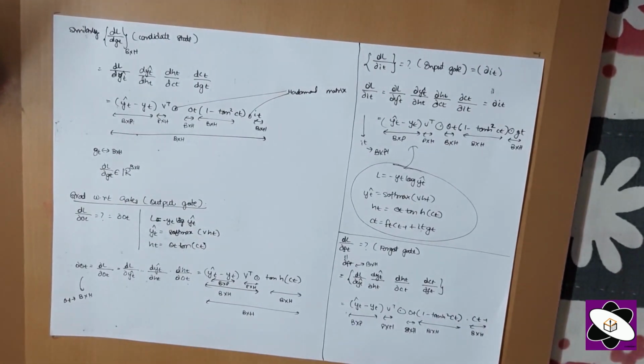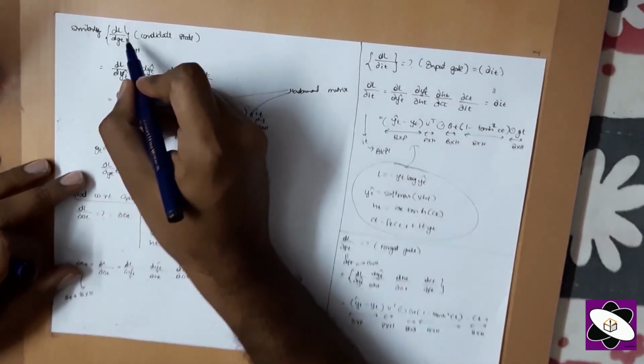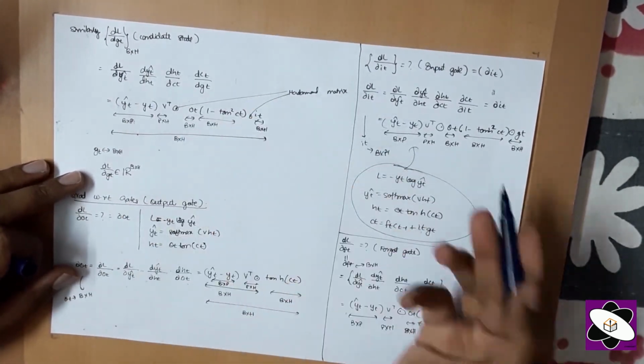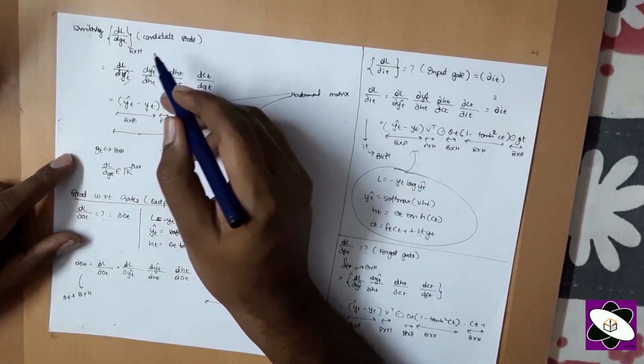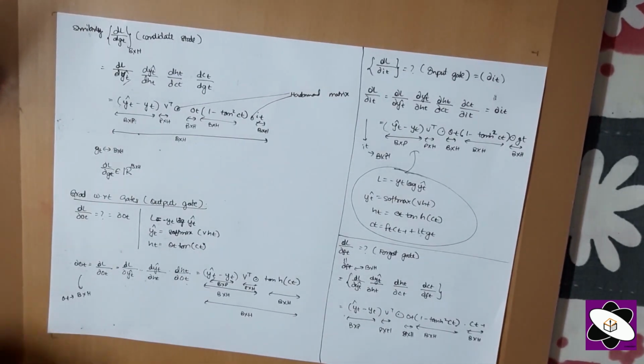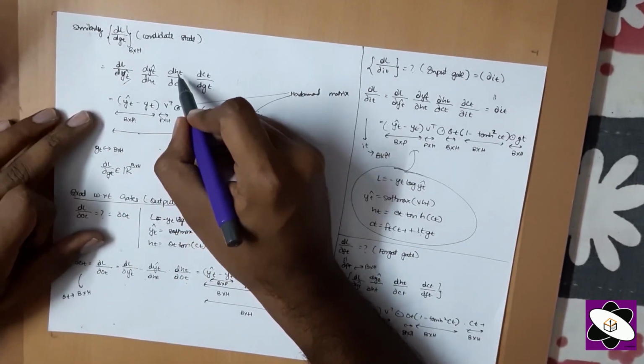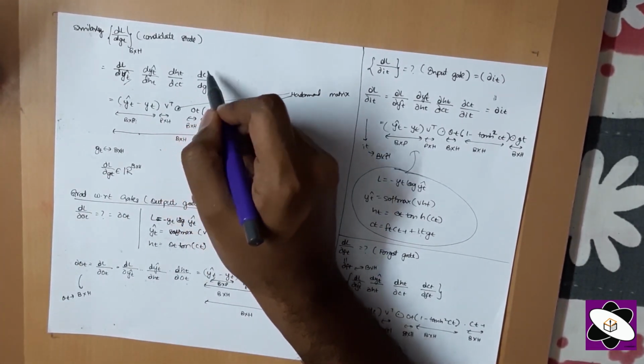Now we will find the derivative of loss with respect to the candidate state GT. The dimensions are mentioned over here. First we need to find the loss with respect to YT hat, the prediction, then YT hat by HT, HT by CT, and then CT by GT.